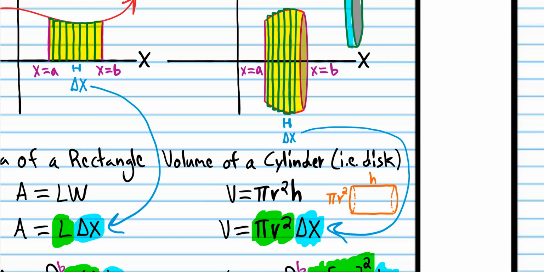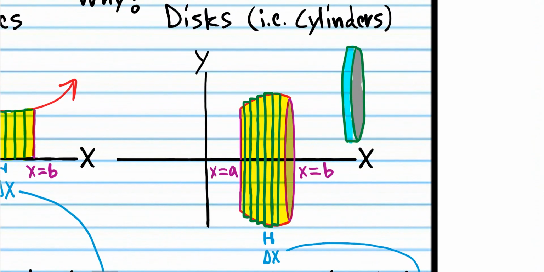So we're going to find the volume of this cylinder, and we're going to think about a bunch of different cylinders fitting into this solid. And as we increase the number of cylinders, i.e. disks, our volume approximation gets better and better.